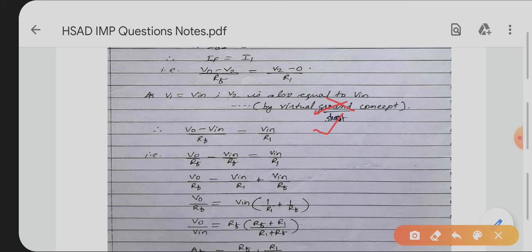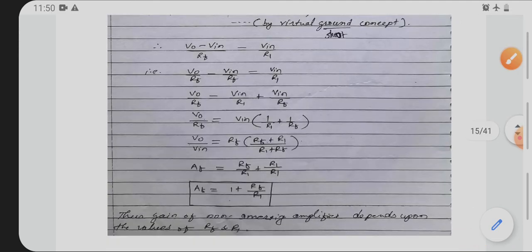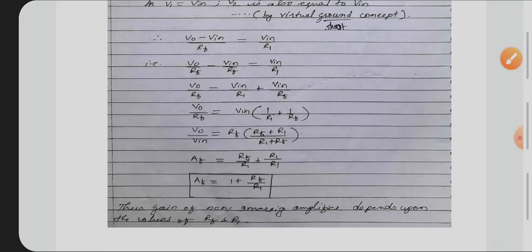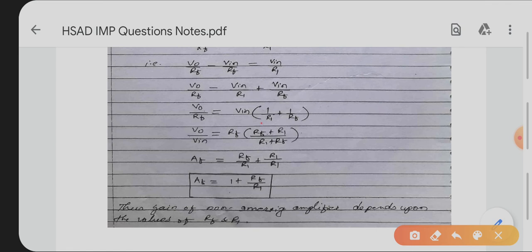Okay, so we will apply this virtual short concept by keeping V1 and V2 equal to V in. You will get the equation (VO minus V in) divided by RF is equal to V in by R1. By rearranging the equations, finally you will get VO by V in is equal to (RF plus R1) divided by R1.